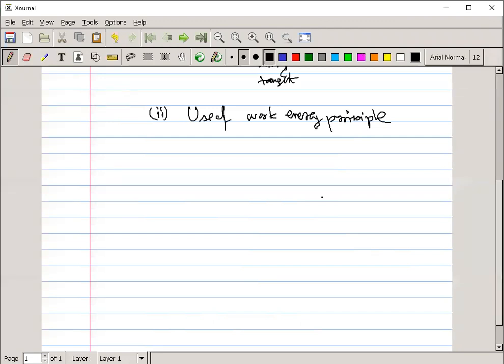So let's draw to understand the definition of work.